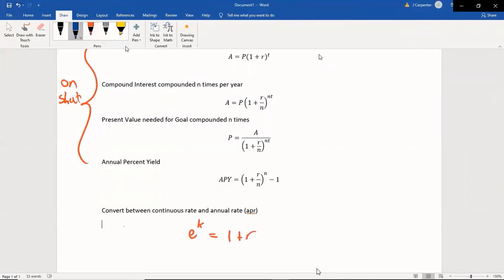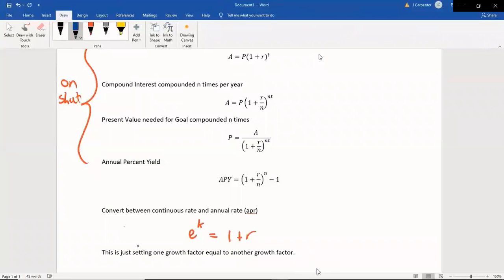But again, the idea here was that this is one growth factor, this is another growth factor. We're just setting 2 growth factors equal to each other. That's all this is.